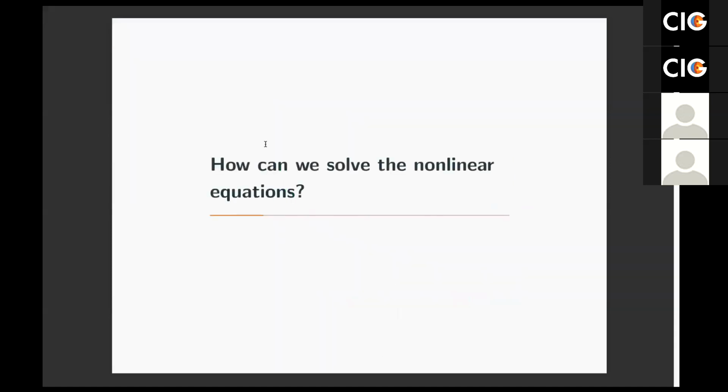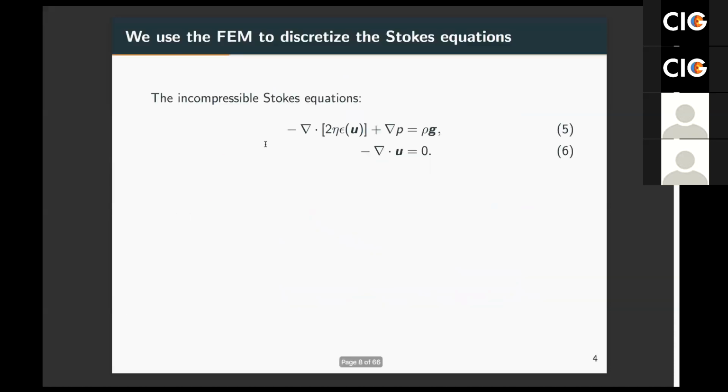So how can we actually solve these nonlinear equations? Here we have our incompressible Stokes equation, and we discretize it. We use the finite element method, and what we get is A x = b, where A is a big matrix dependent on the solution x.